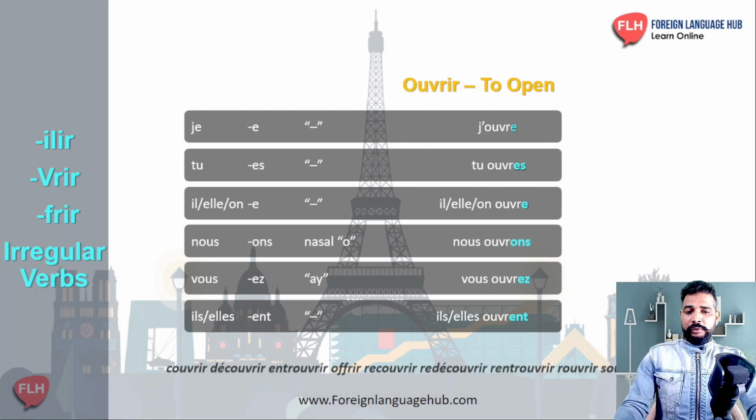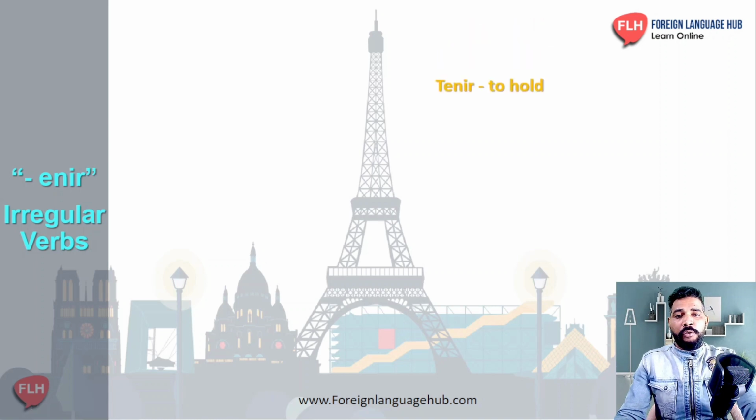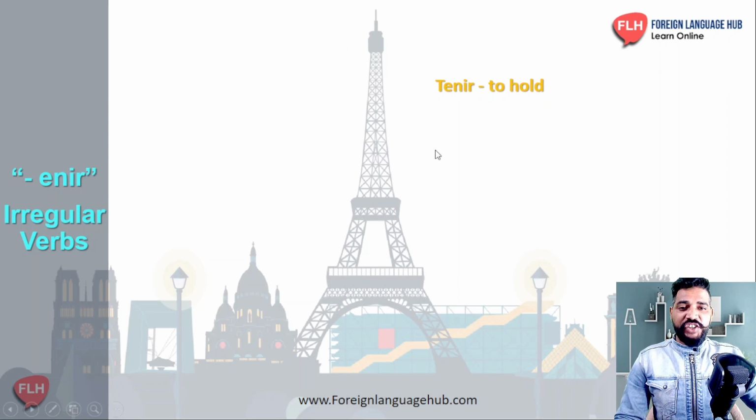That is ENIR, and we are taking one example, tenir. Tenir means to hold, and here you will realize that the stem is completely changed. If we drop IR, technically ten must be the stem, but for this particular ending you have to remember the stem as well.